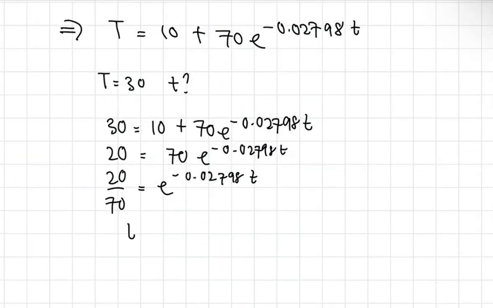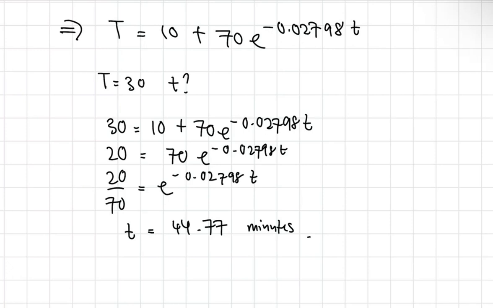Then t will be 20 divided by 70 divided by minus, 44.77 minutes.